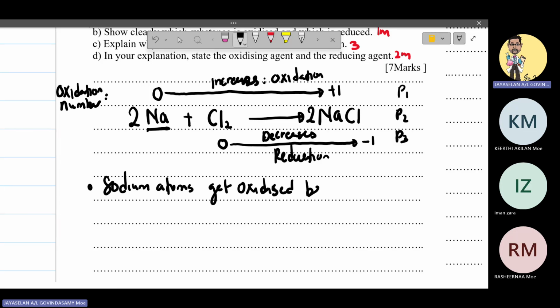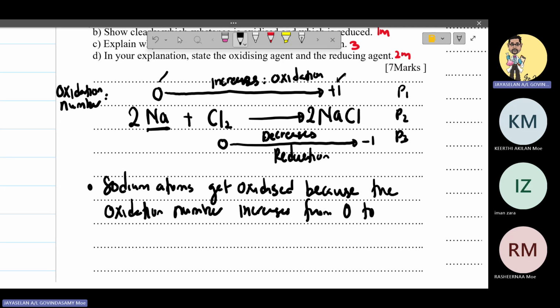Oxidized because, why? Because the oxidation number increases, from 0 to what? Positive 1. You already score 1 mark. Any question?